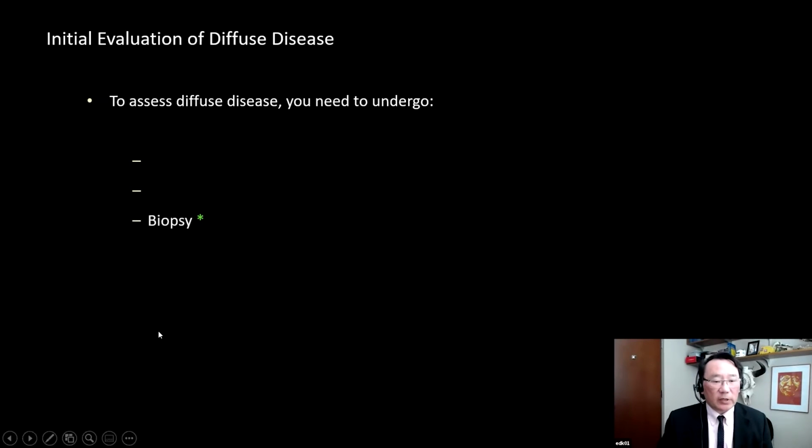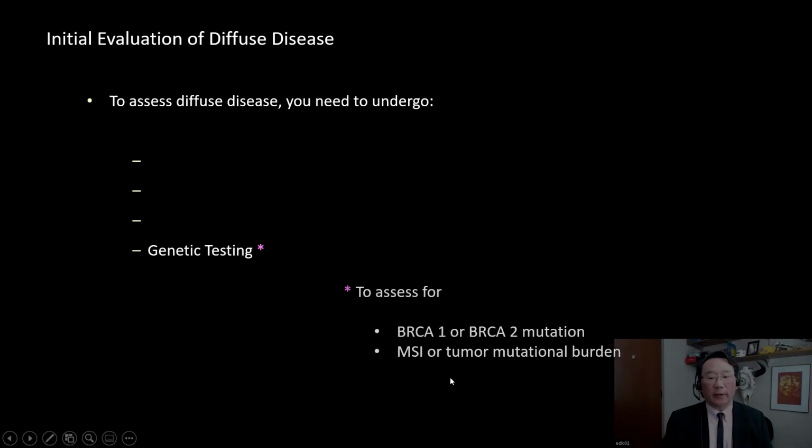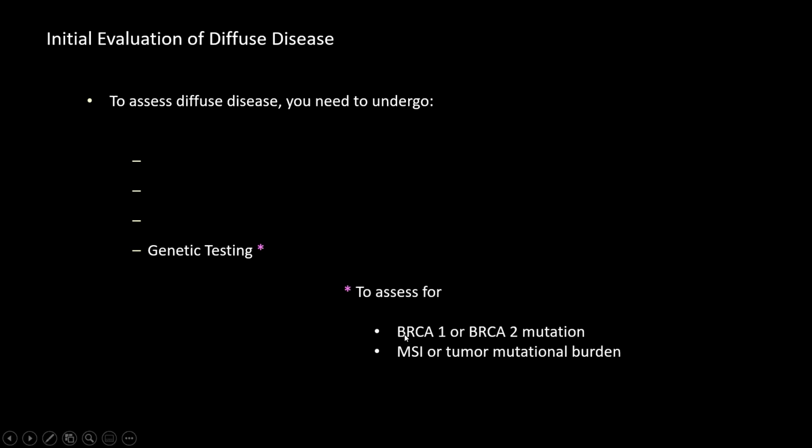Likewise, you need a biopsy, and the biopsy is to assess not the diagnosis of prostate cancer, but what types of cells are present in your prostate cancer if you have diffuse disease. One other thing that I advise is patients should get genetic testing to determine if they have inheritable forms of prostate cancer or prostate cancer associated with BRCA1, BRCA2, or other mutations.